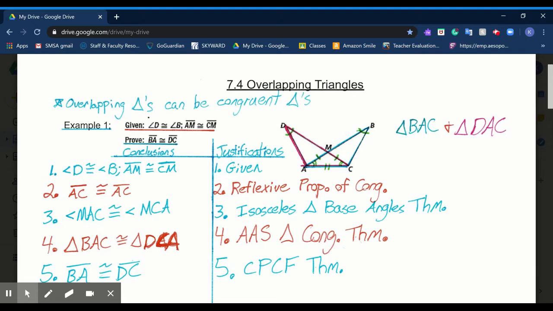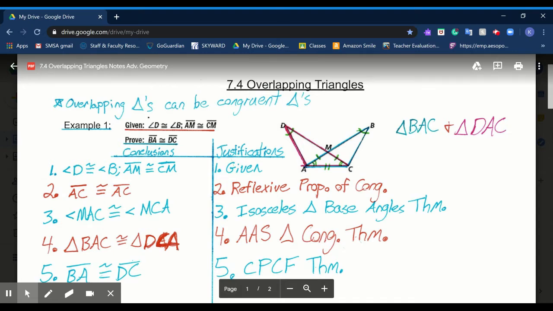Eventually what I'm trying to get to is proving that segment BA is congruent to segment DC. So what I'm looking at, BA and DC, BA being the one running here, and then DC the one running here. So with trying to prove those, what I want to look at is the information I already know, as well as larger overlapping triangles in which if I could prove those congruent, then you could use corresponding parts to prove segment BA congruent to DC.